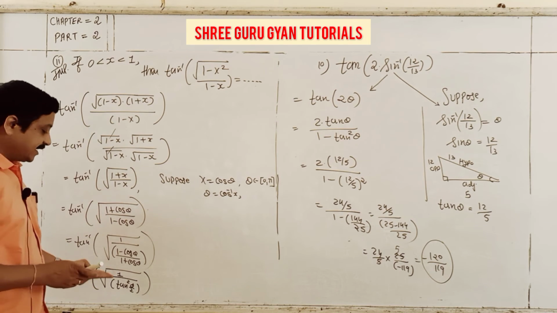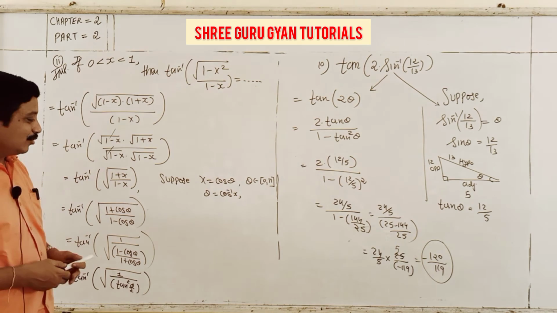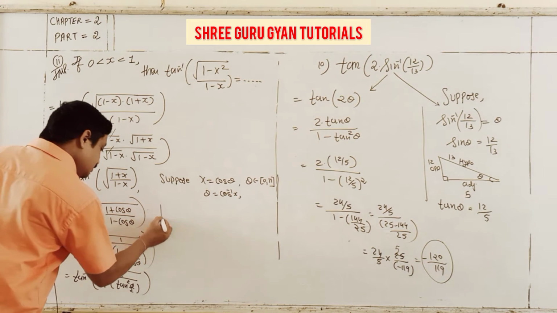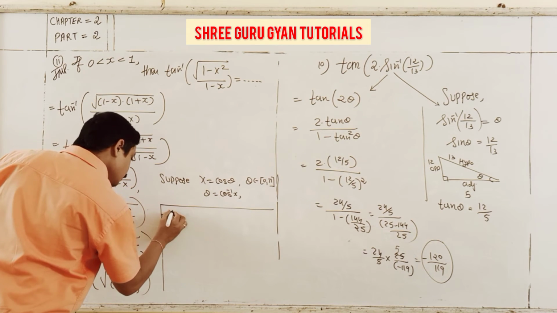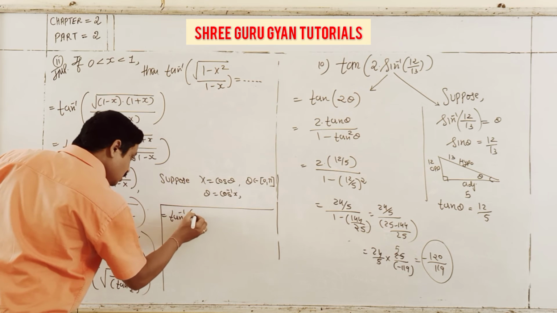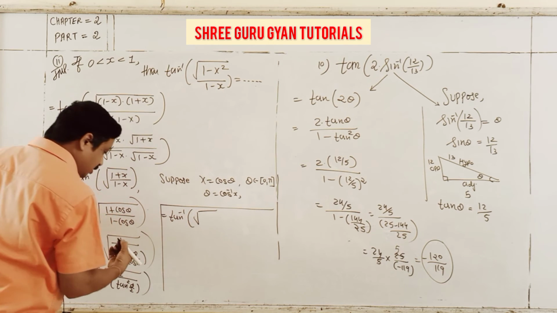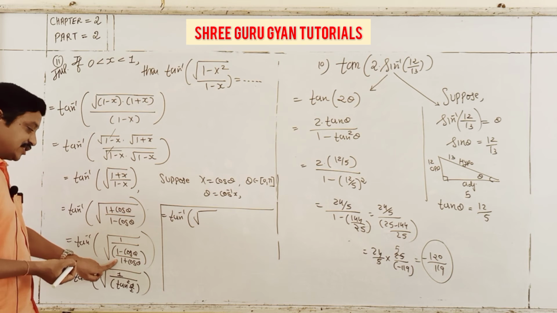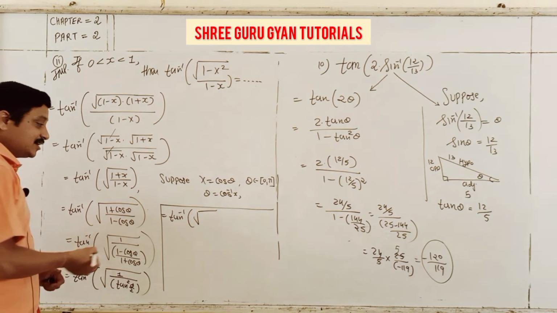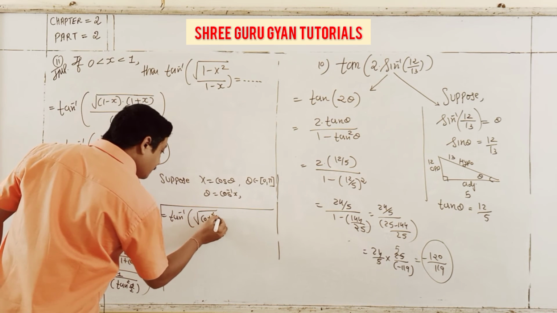and take it to the upper side as cot square, and then after I remove the root, finally my solution will be tan inverse under root 1 upon tan square. So it is tan square theta, and 1 upon tan square is cot square theta by 2.